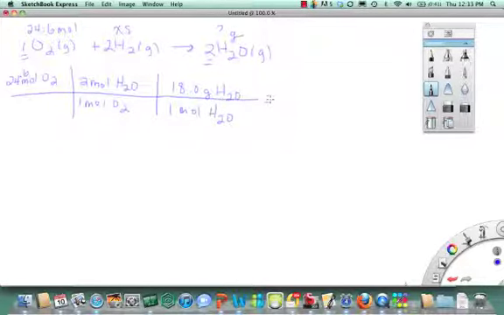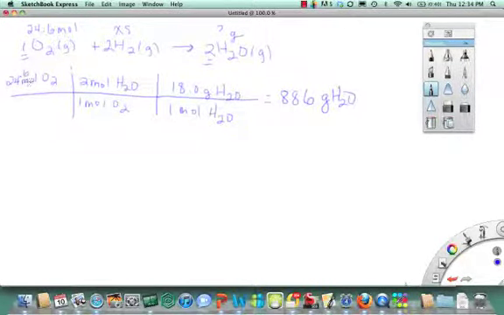Okay, so 24.6 times 2 times 18 equals 886 grams of water.